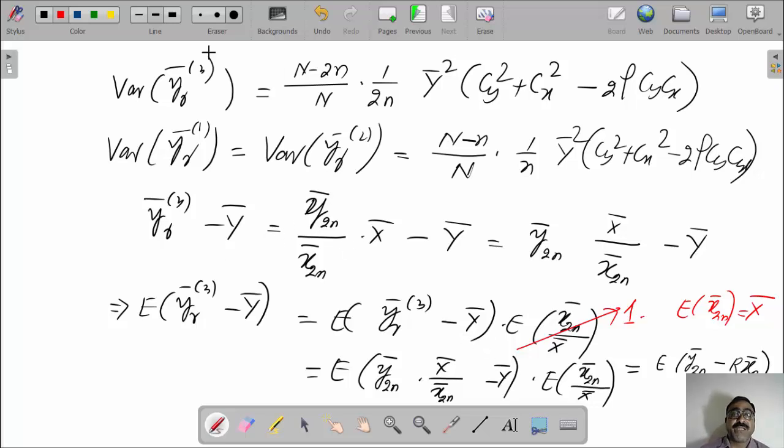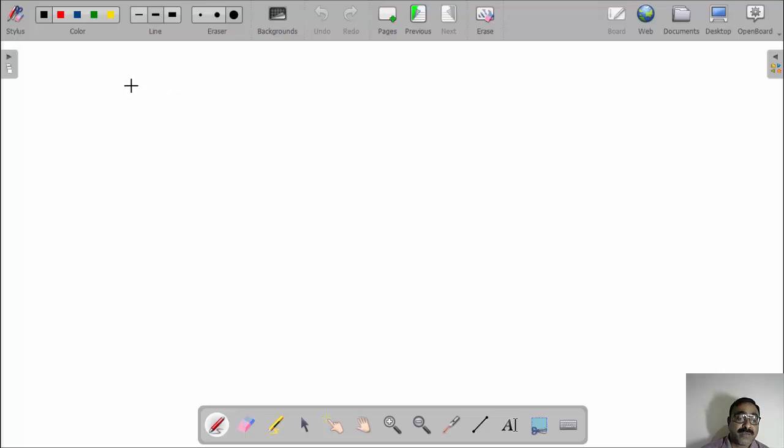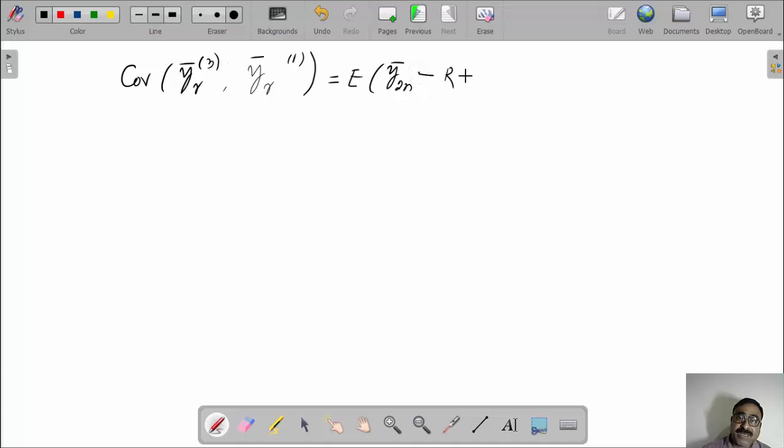So now we find the covariance terms. Covariance of y r bar 3 and y r bar 1 will be expectation of (y2n bar minus r x2n bar) into (y1 bar minus r x1 bar).